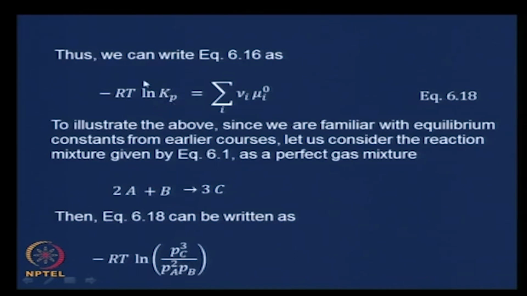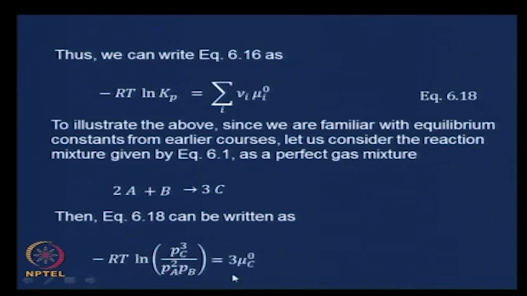What is ln Kp? ln of the product of Pi power nu i. You know that nu i is positive for the products and negative for the reactants, and therefore if you multiply that all together, it will be Pc cubed into Pa to the power of minus 2 into Pb to the power of minus 1, which can be written as Pc cubed divided by Pa squared Pb, and of course the ln comes from here.